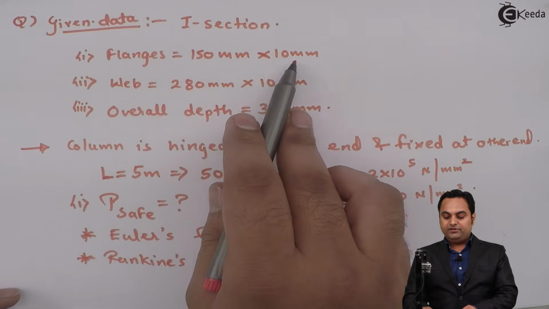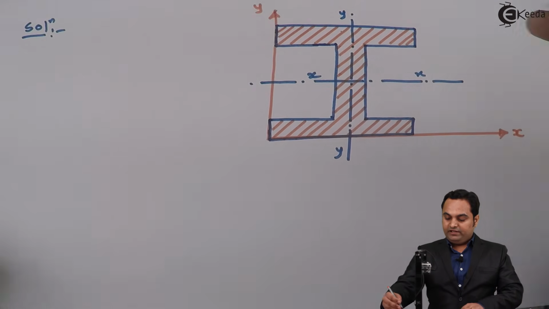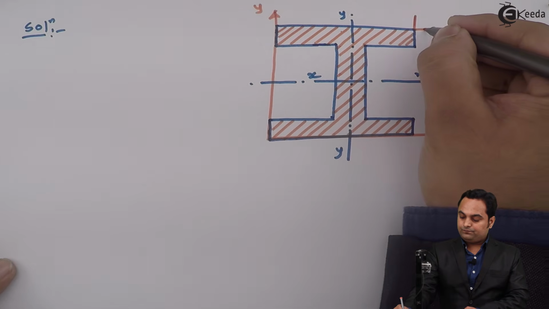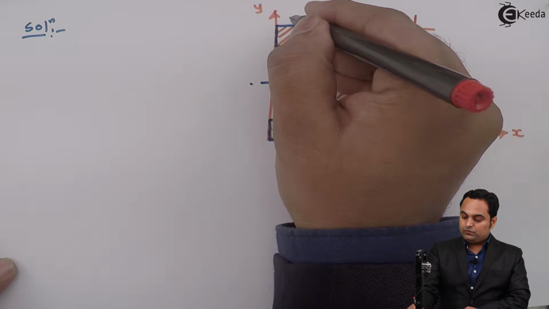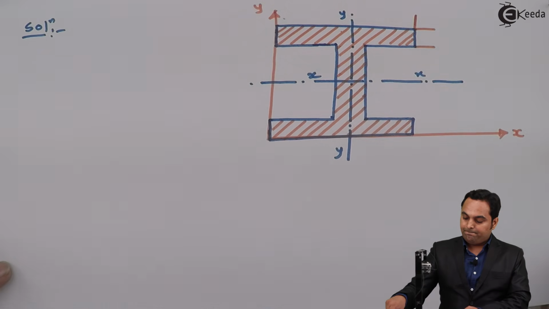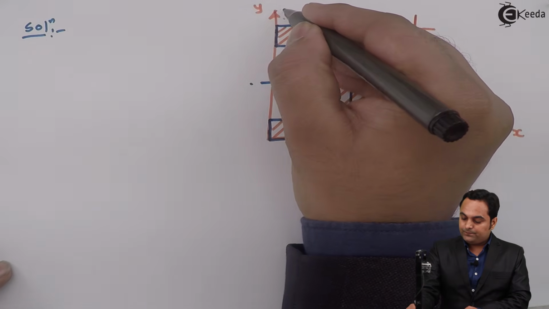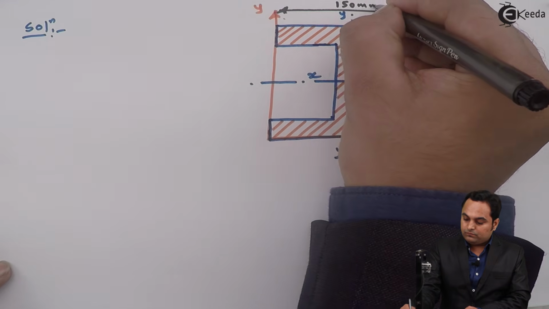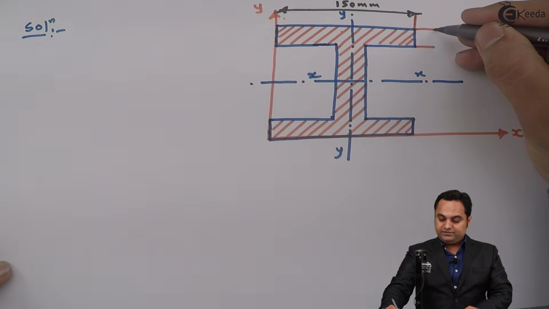Flanges 150 mm into 10 mm. So we have top flange having 150 mm, its width, and the depth is 10 mm.